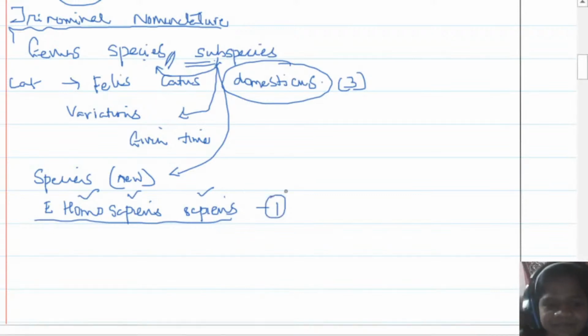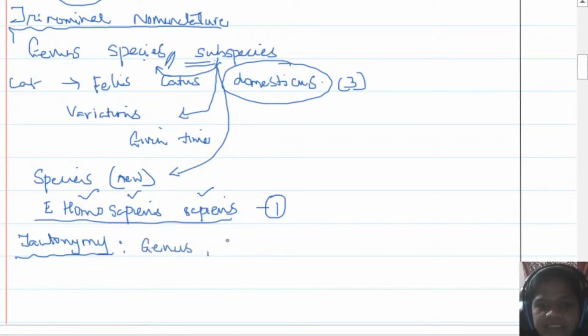Anyway. The other thing that we need to understand when it comes to nomenclature is tautonymy. Now, what does that mean? This is a process of naming the organism where the genus and the species are the same.